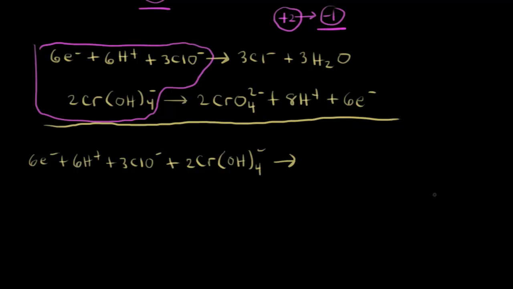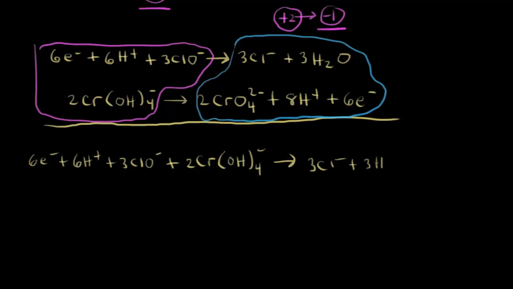And on the right side, we add it all together for our product side. Let's see what we have. We have 3Cl minus plus 3H2O plus 2CrO4 2 minus plus 8H plus 6 electrons.